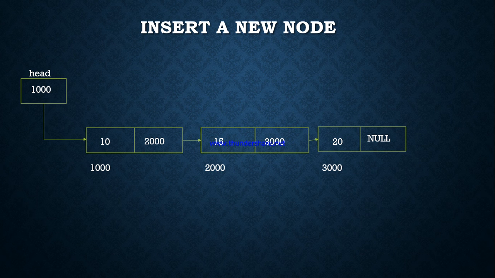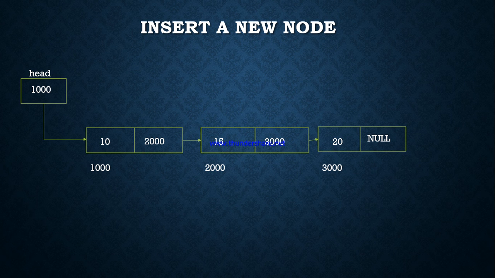We can add a new node in the first position, in the last position, or in any other middle position. Where we want to insert, we can insert. We will just allocate memory for the node and link it at the position where we want to insert the element.